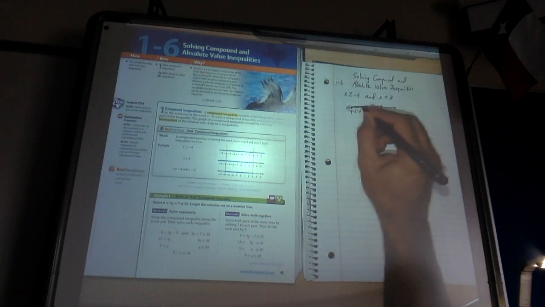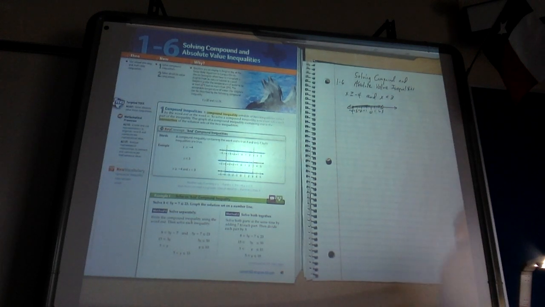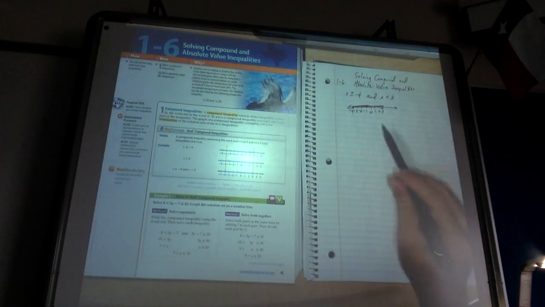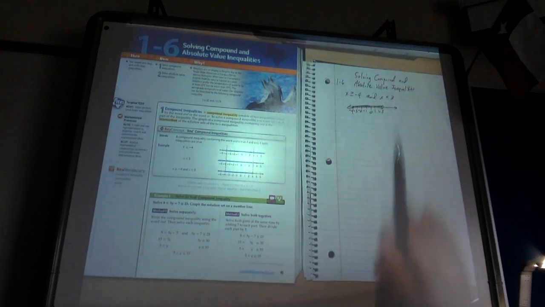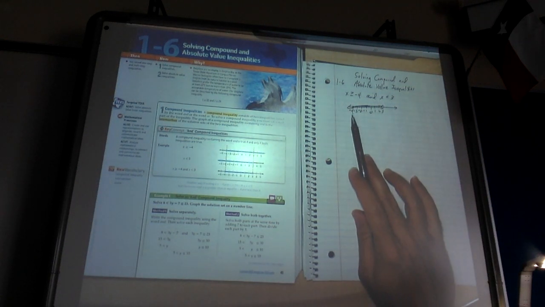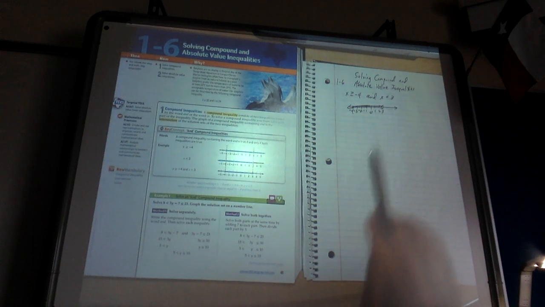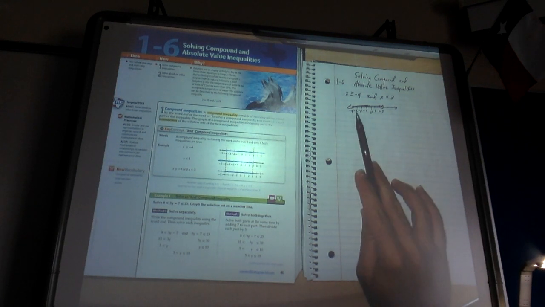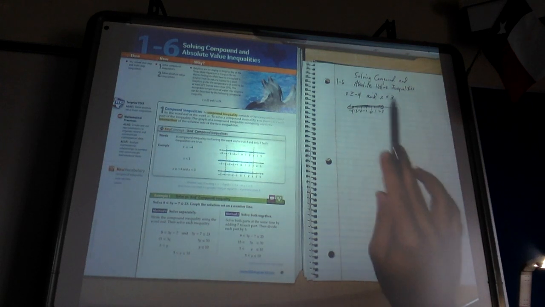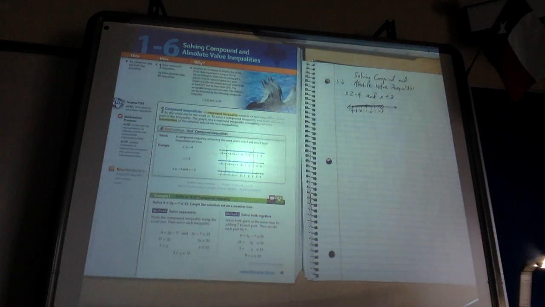Less than 3 is that way, and you can see the two graphs meet. So we can show on one graph two different solutions, where x is greater than or equal to -4 and x is less than 3. Any answer in between here, including -4, would be a solution to both of those. You could plug in those x's and it would work, and that's what we're dealing with.